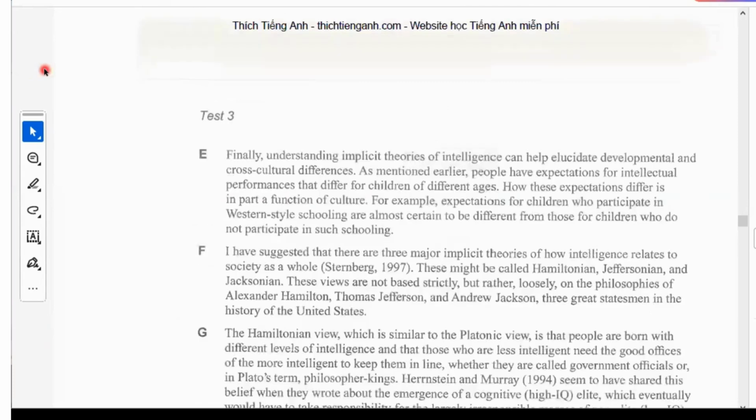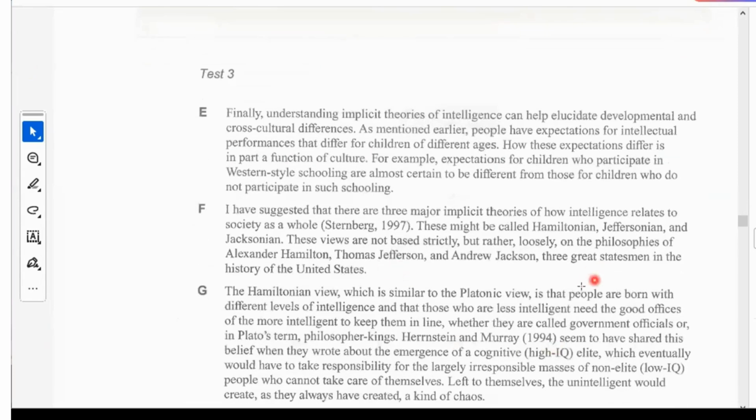That is from Hamiltonian. He said that what? People are born with different levels of intelligence. That's the statement I'm using to support it. Let me give you something here. Very, very important. Write this down.